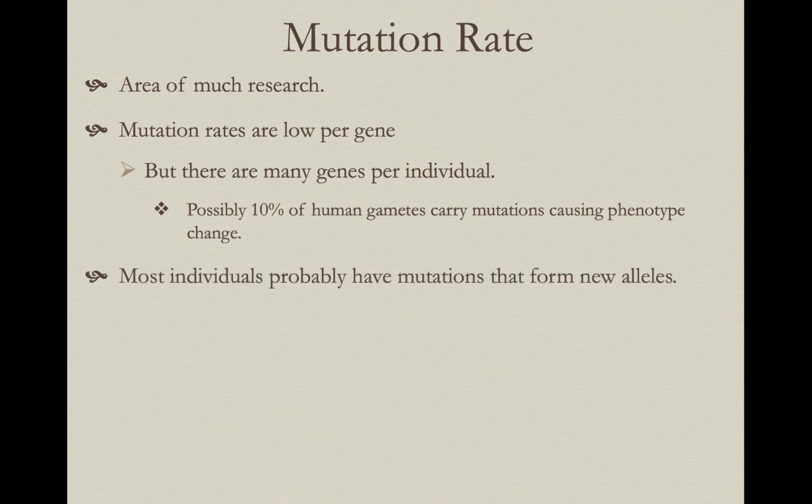And this doesn't even count all of those silent substitutions. So when you think about that, probably most individuals do have some mutation compared to their ancestor, their parents. So they do have a different allele at least one locus.